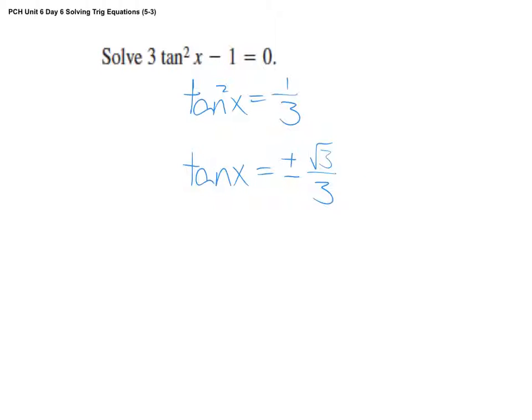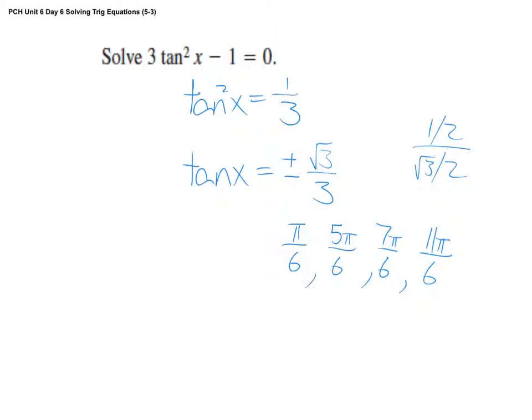So that's going to be pi over 6, 5 pi over 6, 7 pi over 6, and 11 pi over 6. Because it's plus or minus, it could be all of them. That's right, because it's plus or minus, it'll be all 4 of these as possibilities.